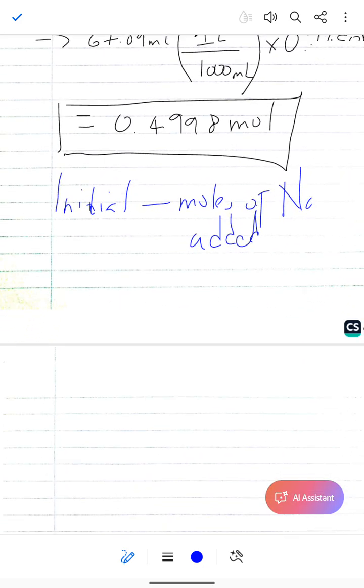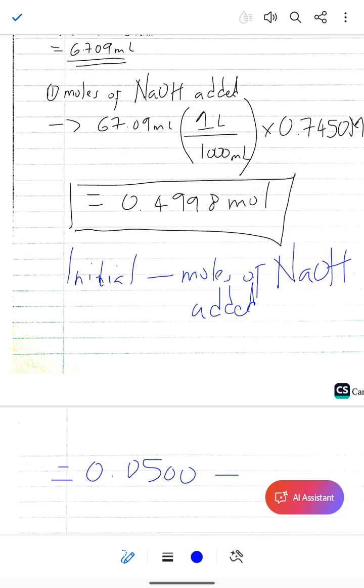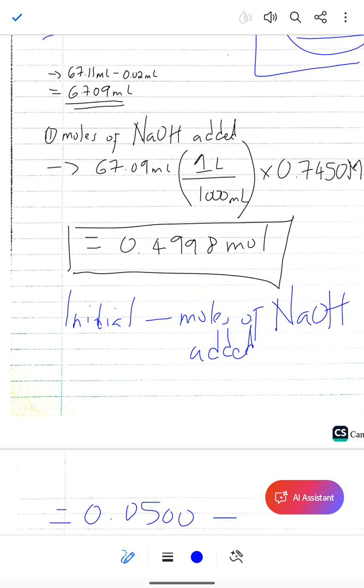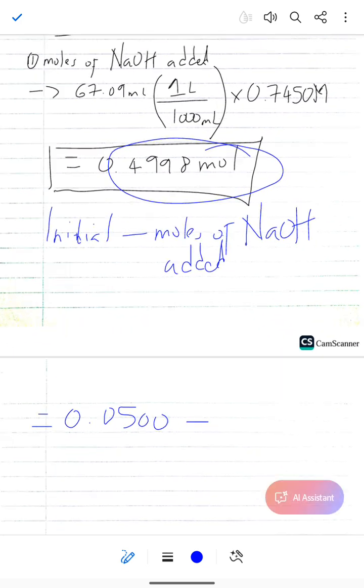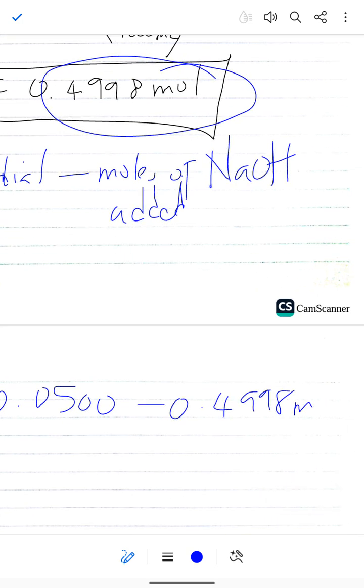The initial moles, we can both agree that it's 0.05, then subtracting the moles that we just calculated, that's 0.4998 moles.